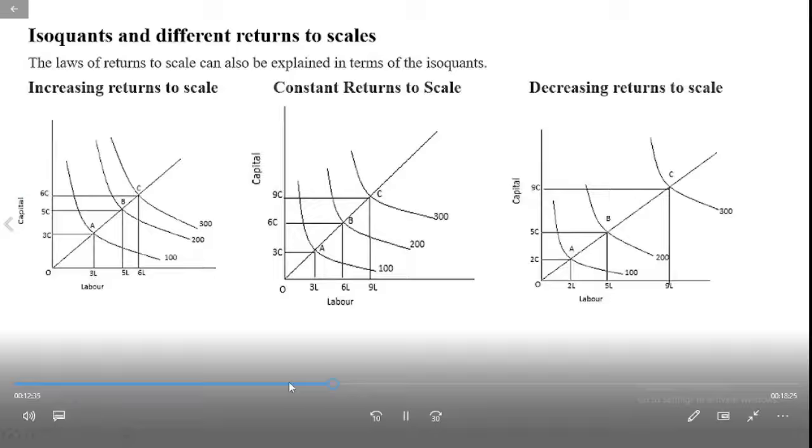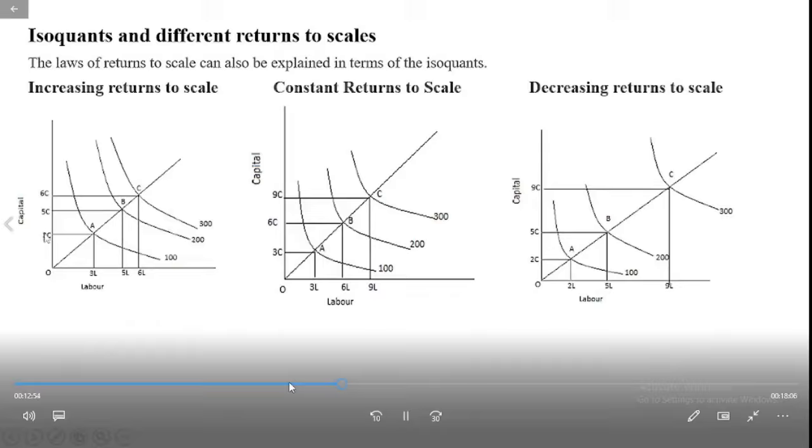Now, suppose there is increasing returns to scale. Now, this is the stage of increasing returns to scale. See, the next 100 units, when the output becomes 200 units, how many additional units of labor and capital do we need?